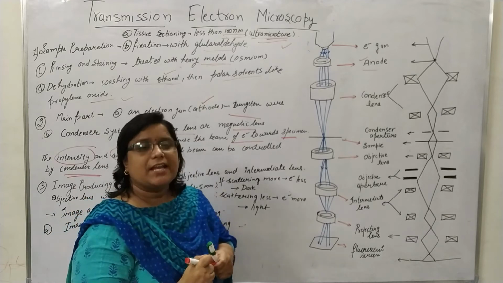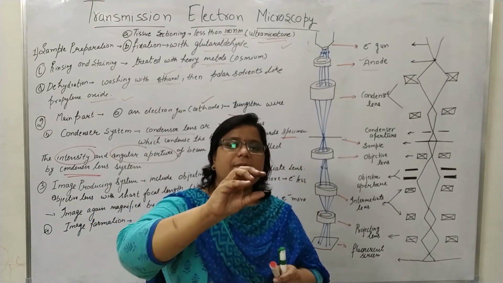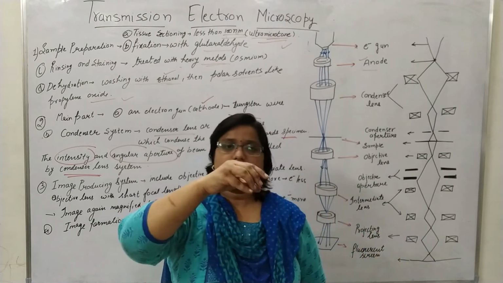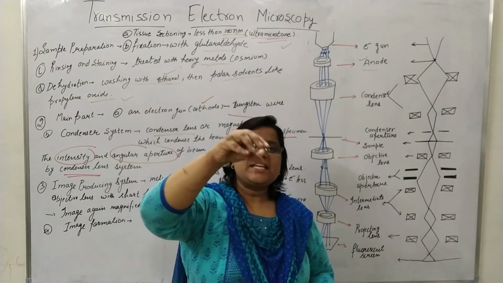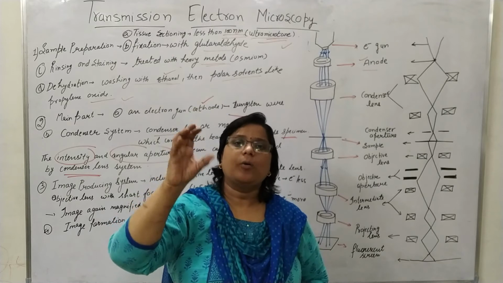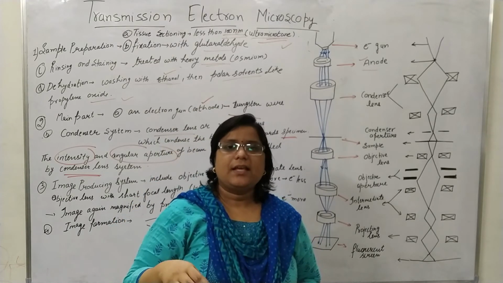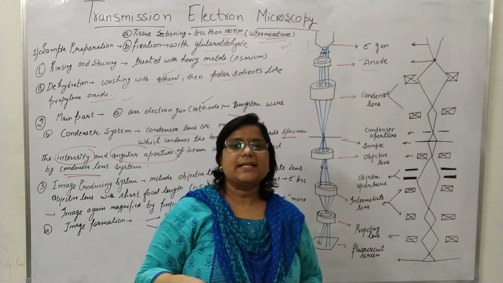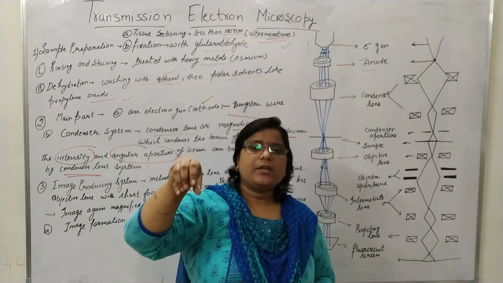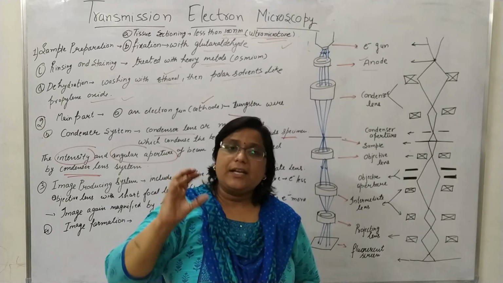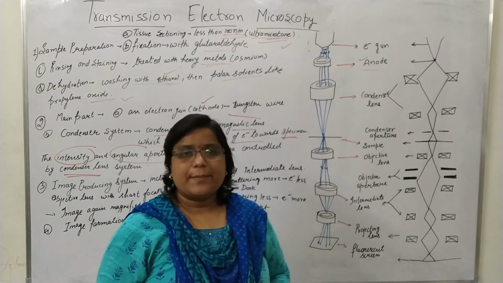If you have seen in the SEM, the electron beam moves towards each and every place of the specimen. Same as in the TEM, the condenser lens moves the electron beam towards each and every point of the specimen or the sample.